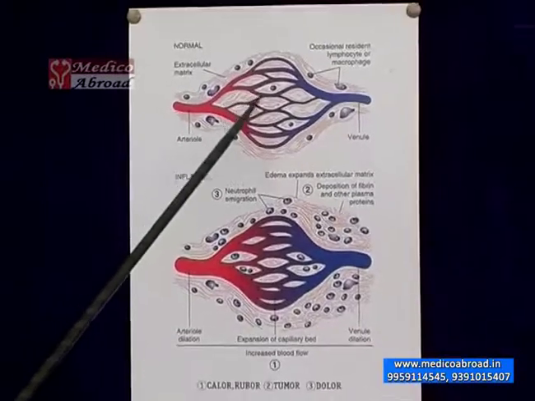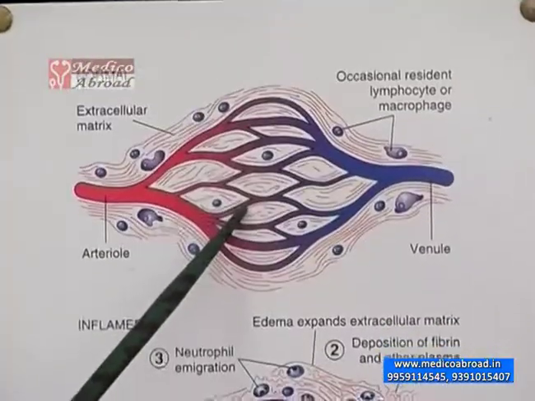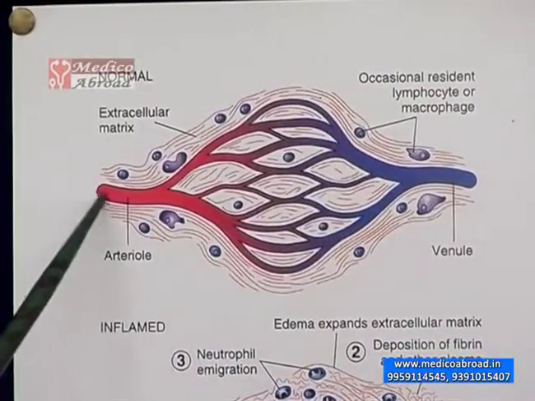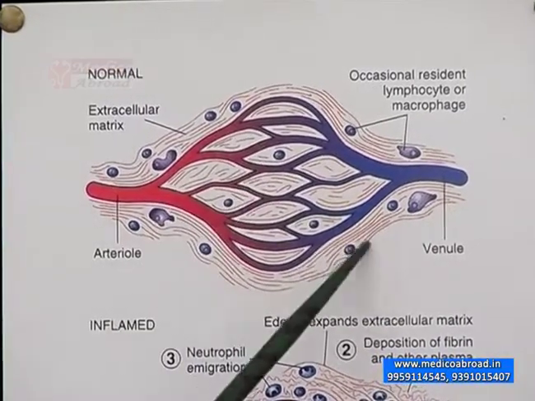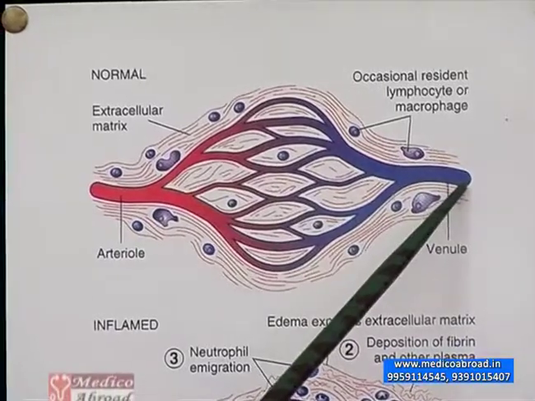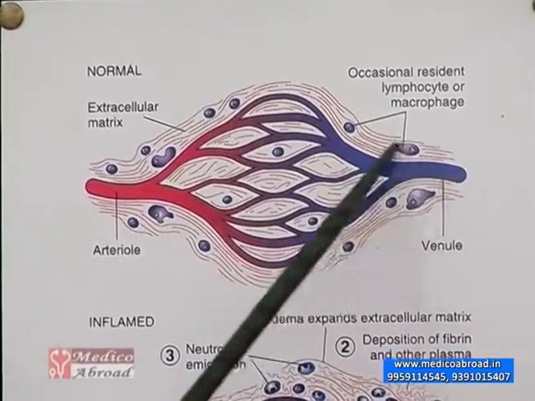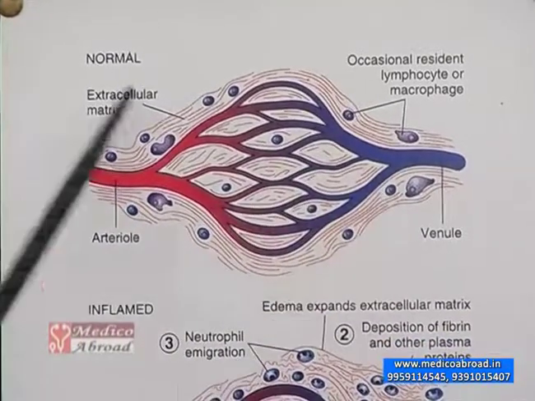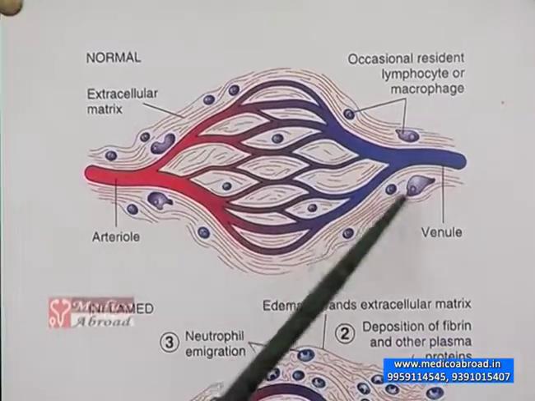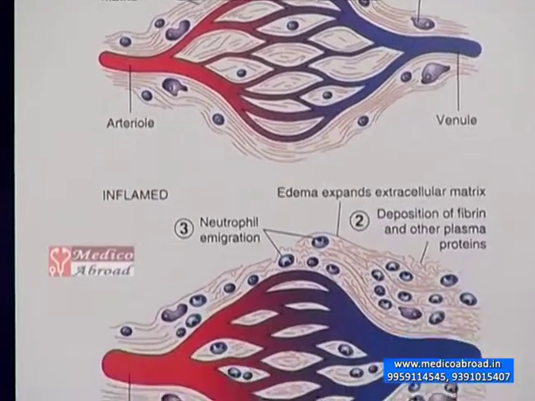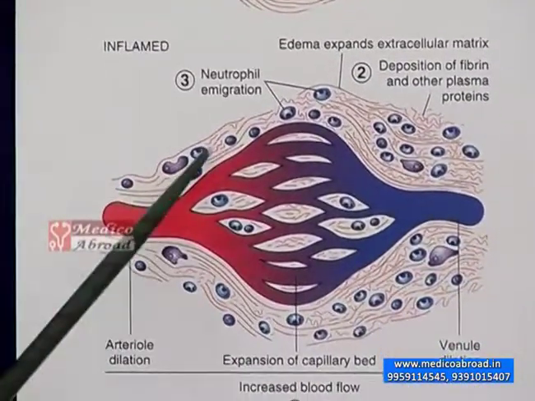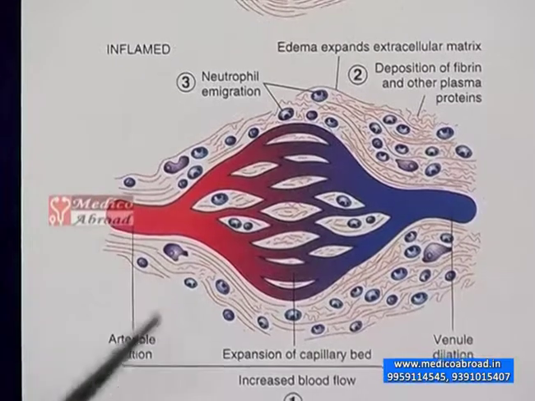This is normal capillary bed in a tissue. This is the arteriole. It forms a capillary nexus and there is a venule. There are surrounding macrophages and lymphocytes in the extracellular matrix. If you take a look at acute inflammation, the blood flow to the capillary bed is increased.